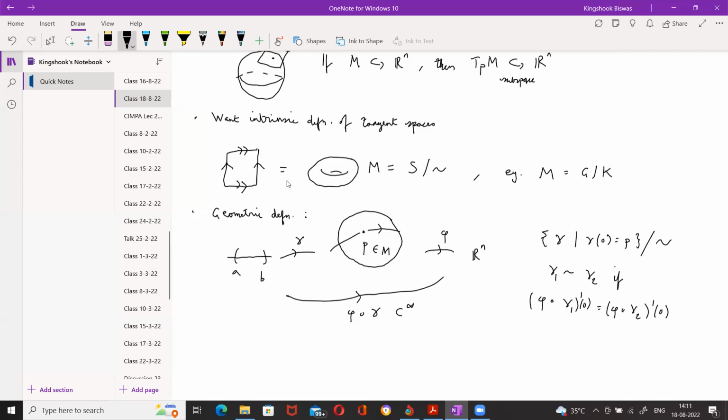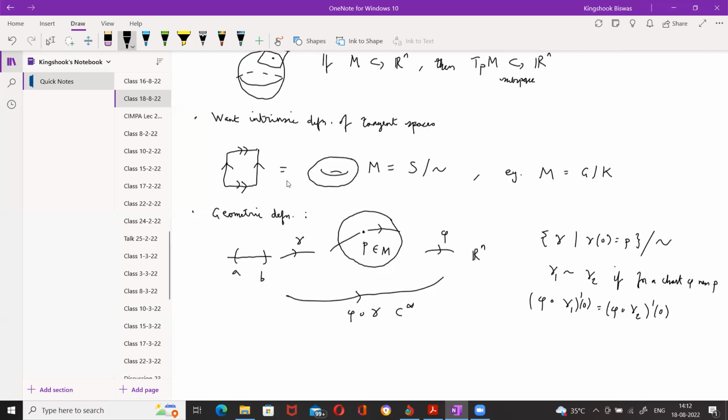So if this holds for a chart phi near P, it's easy to see it will hold for any other chart near P, because if I take another chart, the two curves in Rn will differ by the change of charts map, which is a diffeomorphism, which will take tangent vectors to tangent vectors.